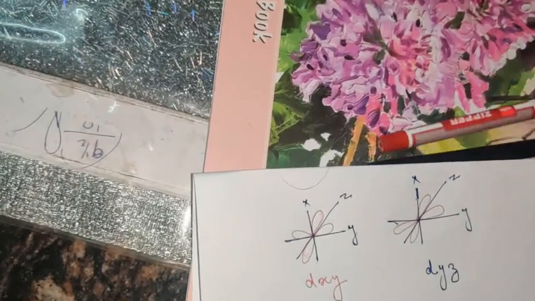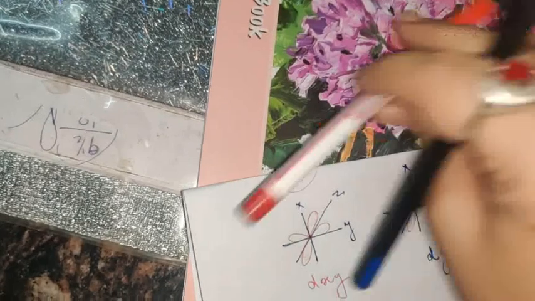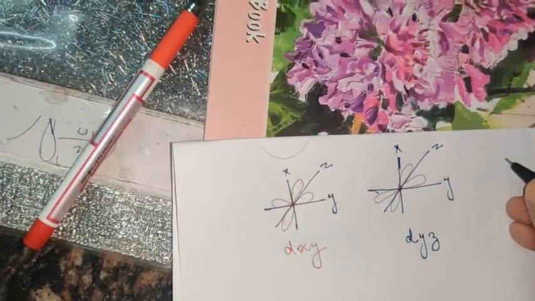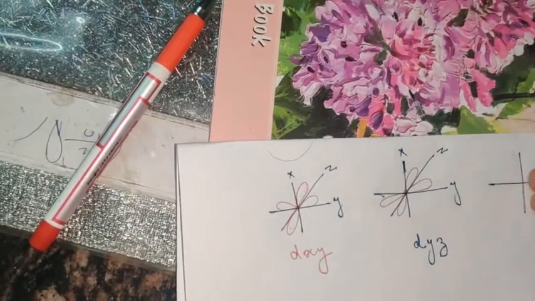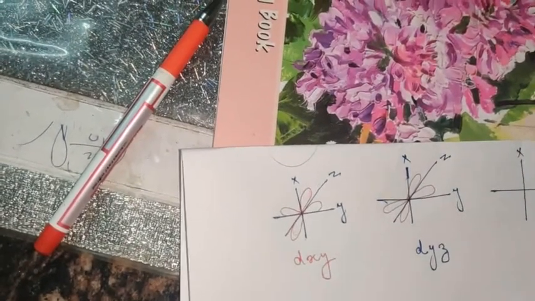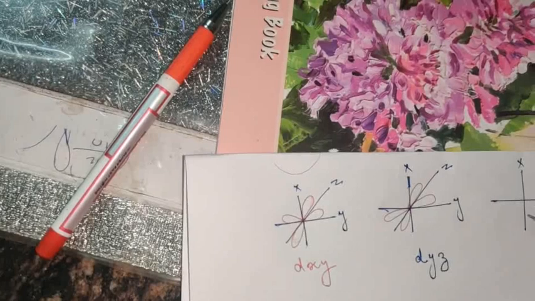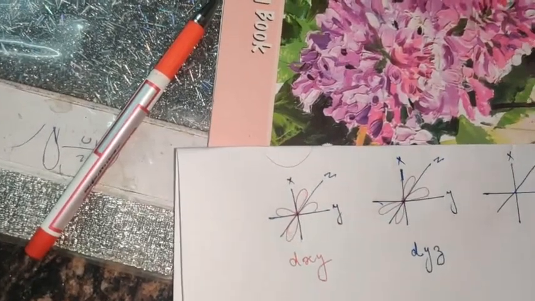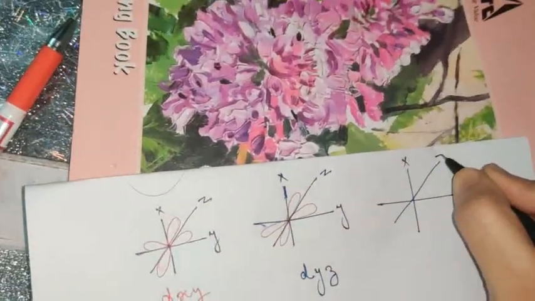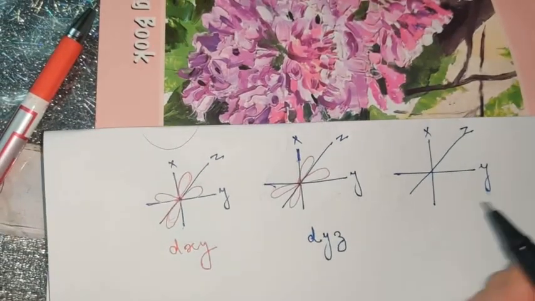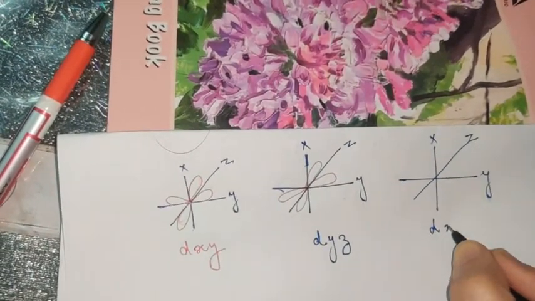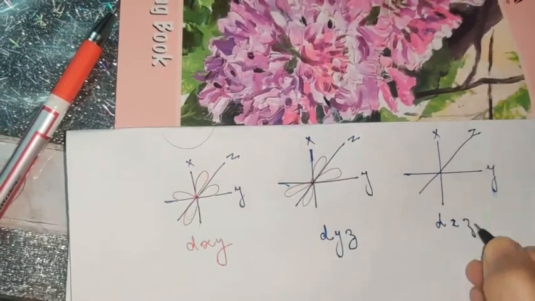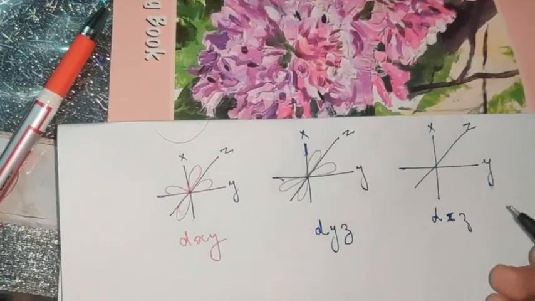Then coming to the third one, which is dzx. Again, suppose this is x, this is y, and this is z.